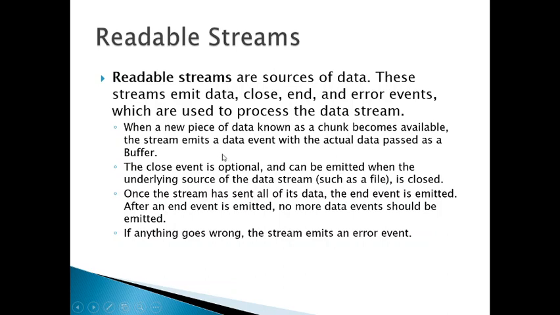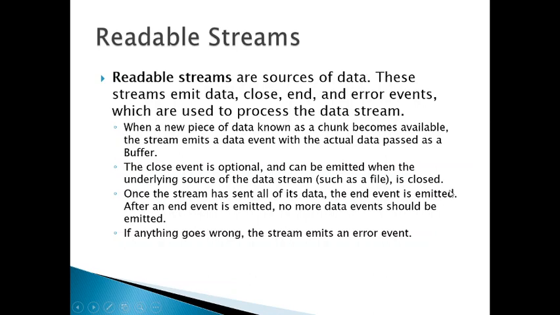So whenever you write something into the stream, it will emit a data event, and that chunk will be available to the other application. The close event is optional and can be emitted when the underlying source of the data stream is closed. So you can also listen to that close event, and once the stream has sent all of its data, the end event is emitted.